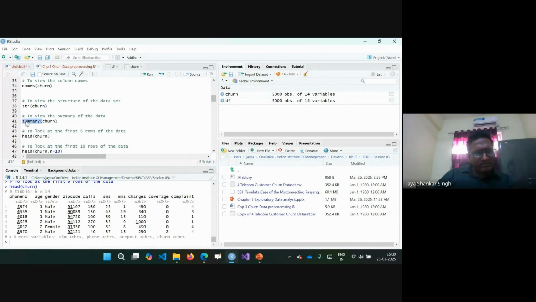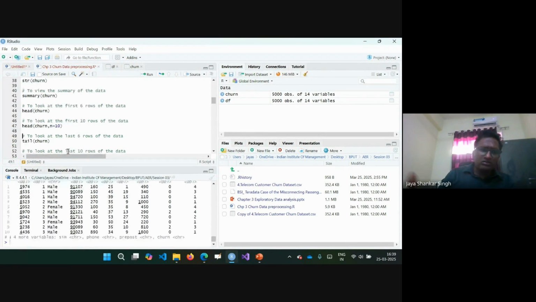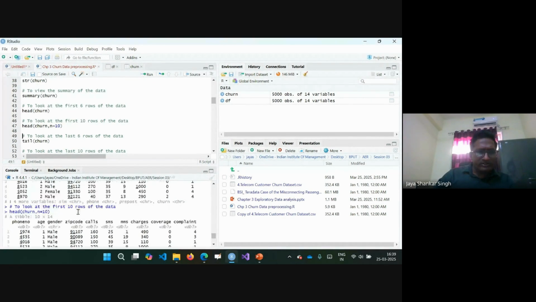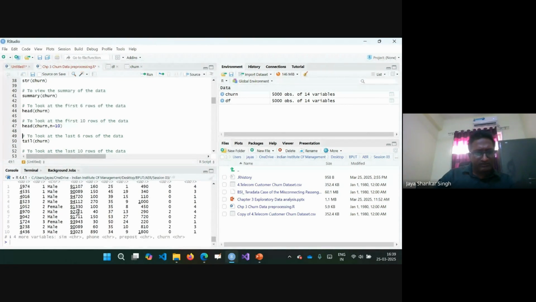These are simple functions: summary, head. You give the variable name inside, or the variable which is storing the data. You can also pass an argument inside when calling the function, like top 10, so it can give you the top 10 observations in the data file.